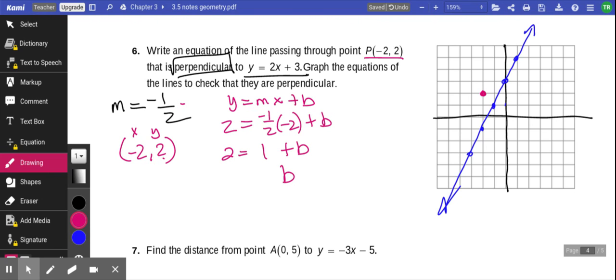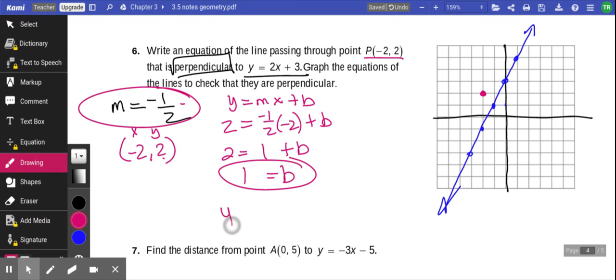So b equals 1. So my b is 1, my m is -1/2, so y equals -1/2 x plus 1. And in fact, if I go to 1 and I go up 1, back 2, or down 1 over 2, I do get a line. Looks pretty close to what I was thinking.